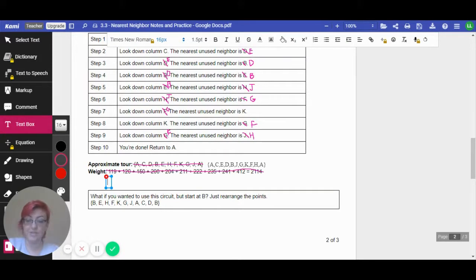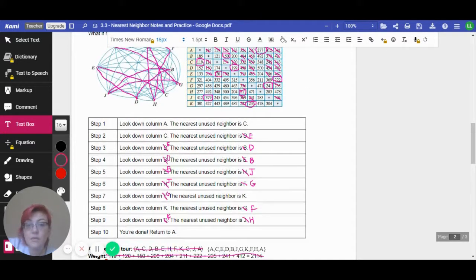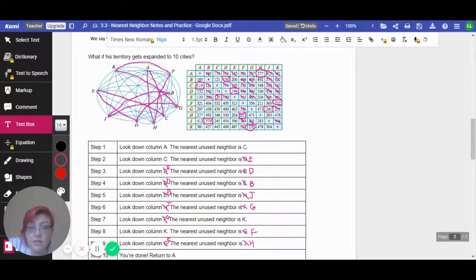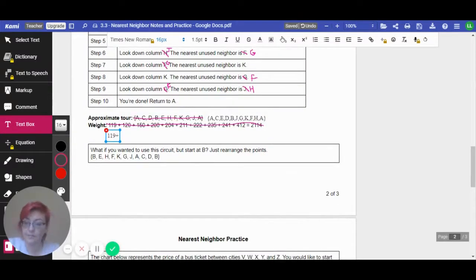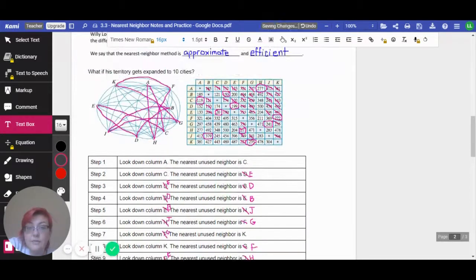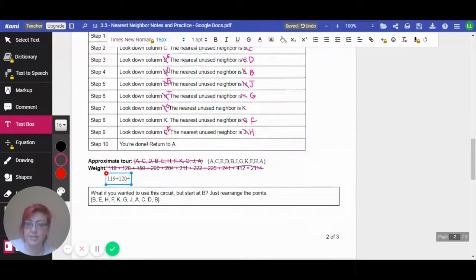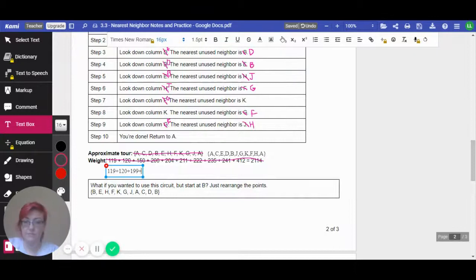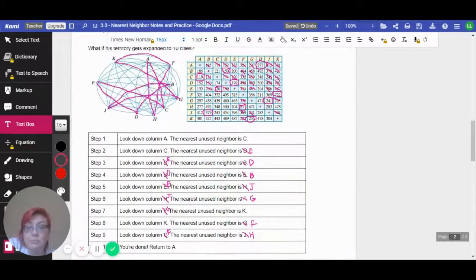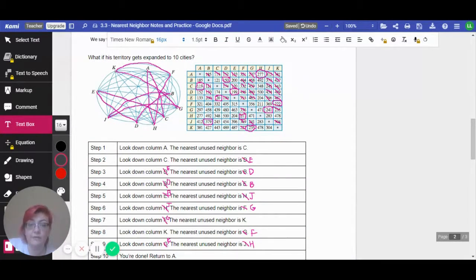To find the weight now, A to C is 119. C to E is 120. E to D is 199. D to B is 150.